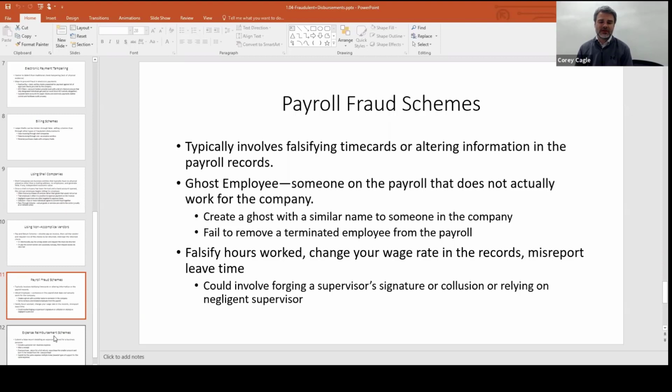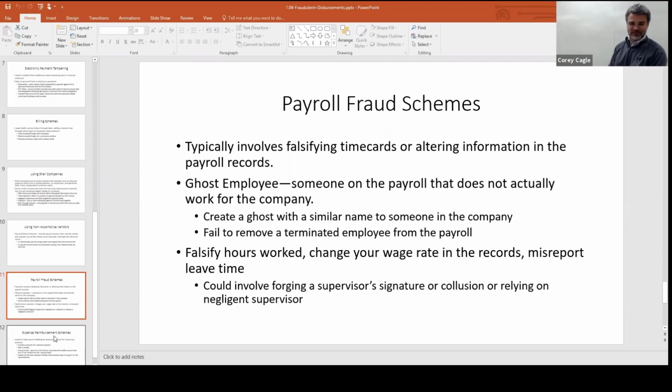It could be somebody with a very similar name to somebody in the company. Or maybe somebody who used to work there, they got fired, but you didn't take them out of the system, and you're using that person to pay yourself. There are a lot of different ways to do it. Or a little simpler, falsifying time cards and overstating your time.